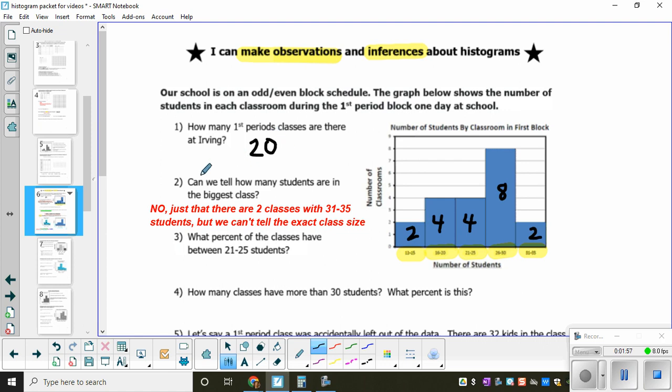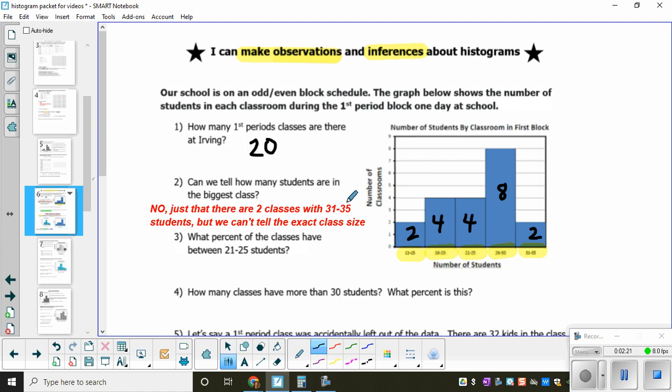Now I want to know next, can we tell how many students are in the biggest class? This goes back to the previous video: if you're looking at just the histogram, we don't ever know the maximum and we don't know the minimum. So no, we cannot figure out based on just the histogram how many students are in each of these classes. We just happen to know that there are 2 classes that have somewhere between 31 and 35 students.